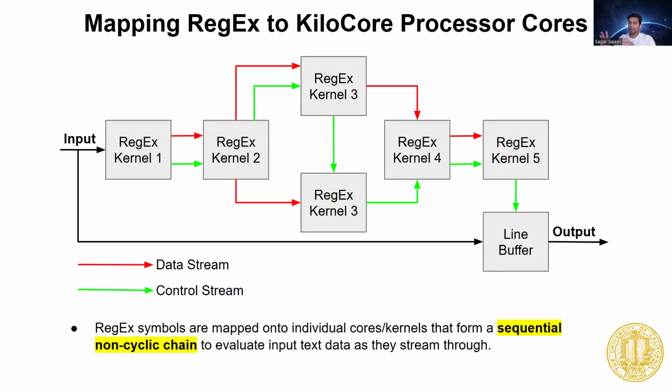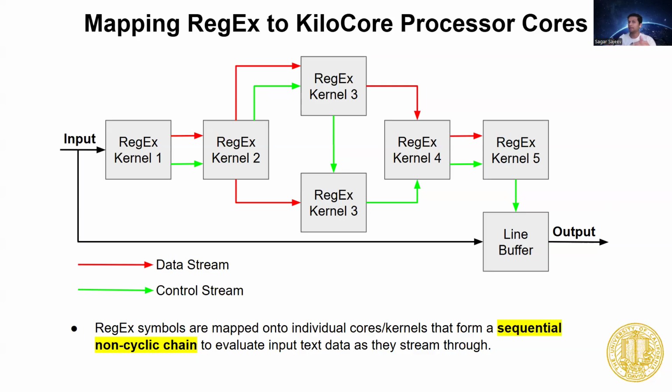How exactly are these regex symbols mapped onto the KiloCore processors? A good example is given here where you have a 5 regex kernel setup. The first chain that you see is the sequential non-cyclic regex processing chain. It's able to pass the input data as well as the control information across the processor cores.